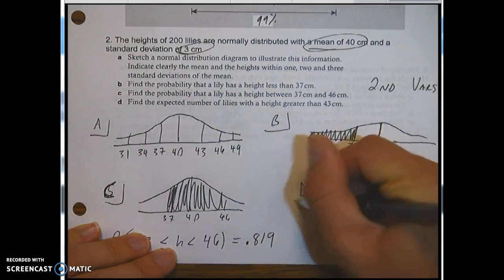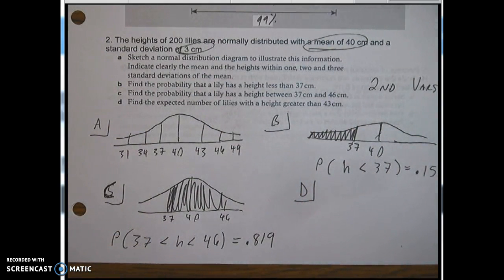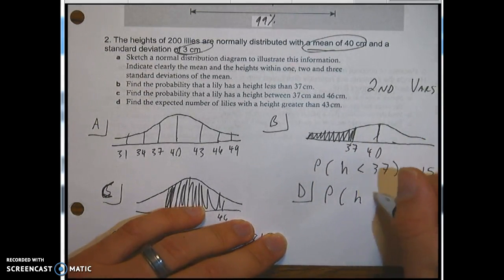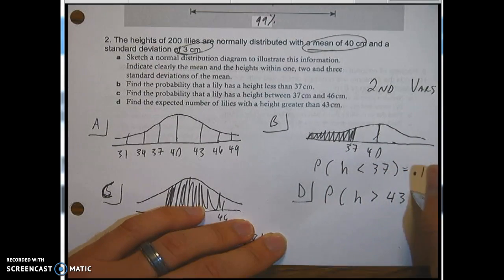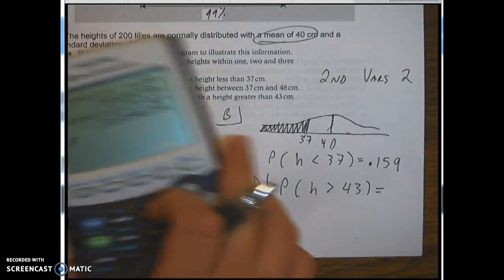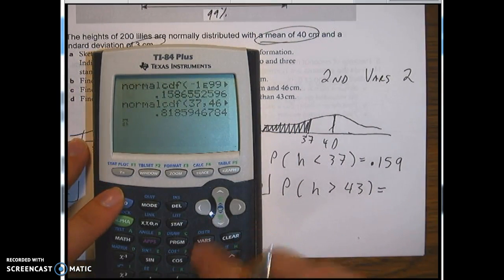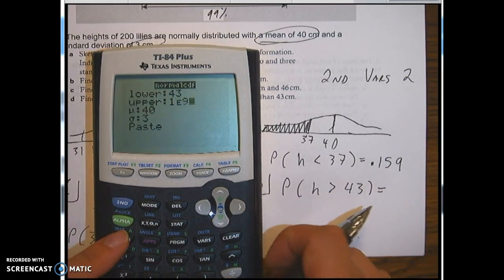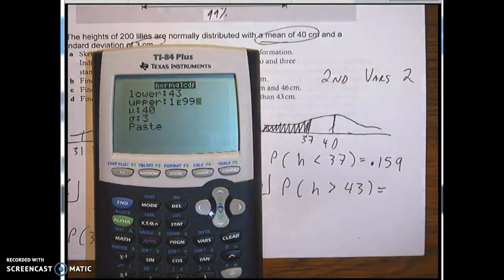Last one's part D. We want the expected number of lilies with a height greater than 43. Well, the probability of getting a height greater than 43, we can use the calculator to find that. So second vars 2, 43 is the lower bound, because we're talking greater now, and positive infinity is the upper.